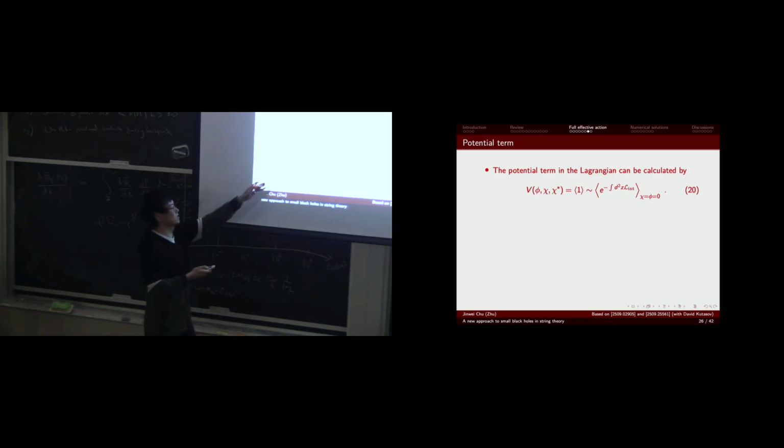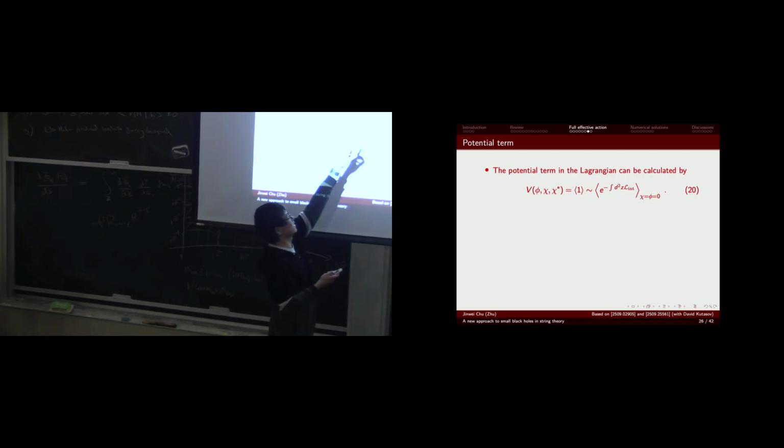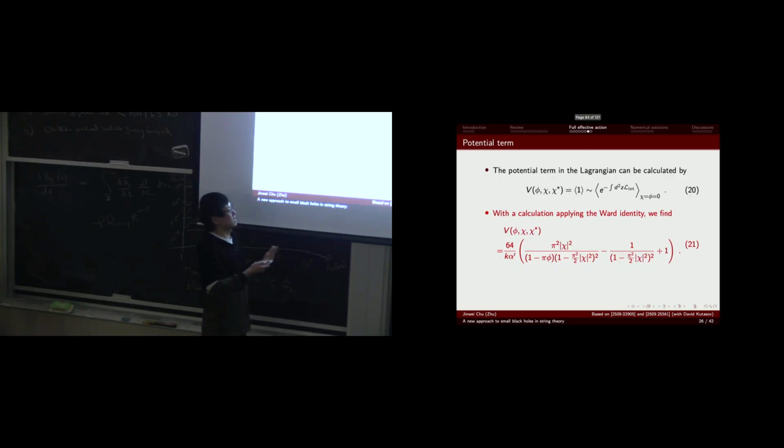So again, this form makes it clear that we can Taylor expand it and write it as a power series where each term is an n-point function in the original theory. For each n-point function, we can apply the Ward identity and then perform a resummation of both sides of the Ward identity to give the full expression of the original power series. So this is the final result for this potential.